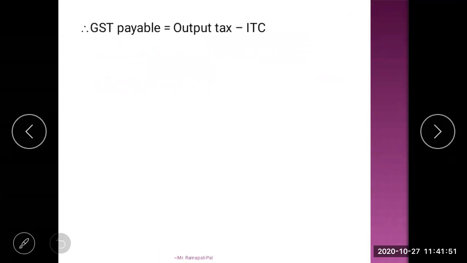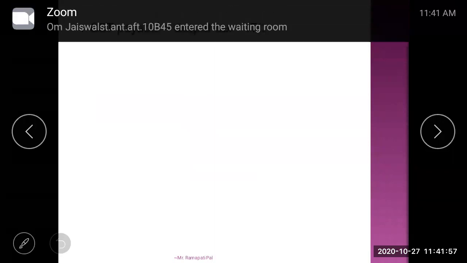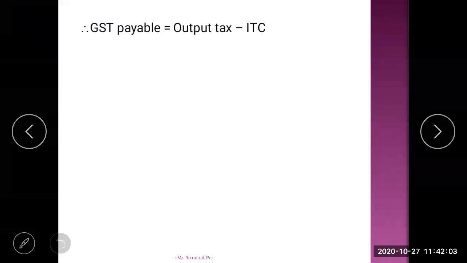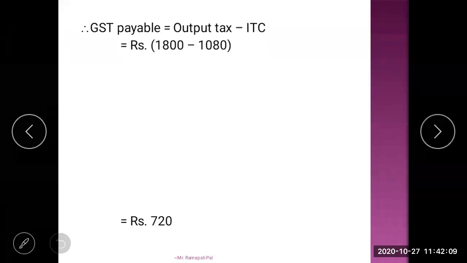GST is what? Output tax minus ITC. So 1800 minus 1080. That is 720. Can you see my slide? Okay. So we have subtracted, then we get 720.